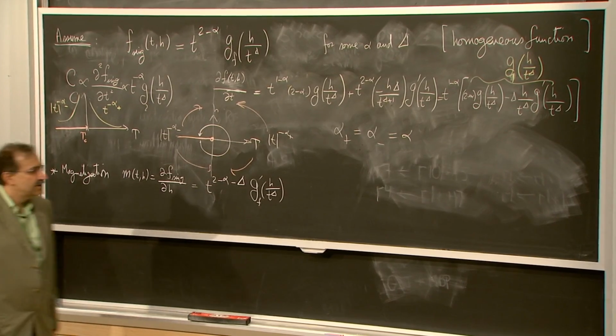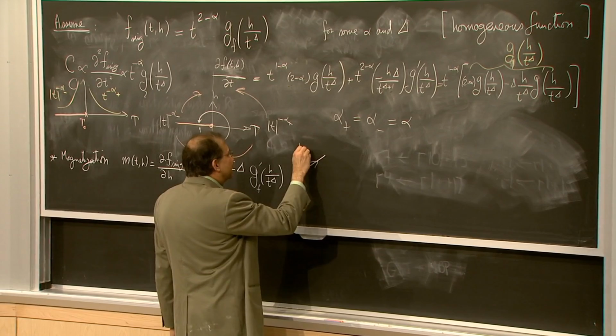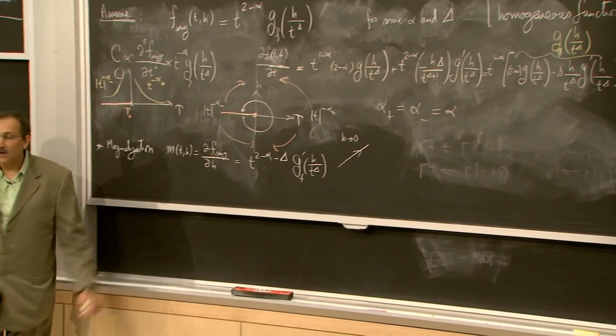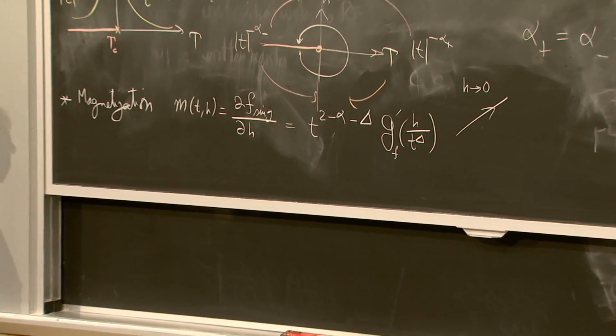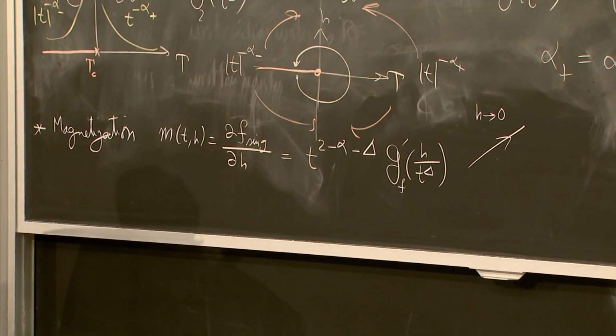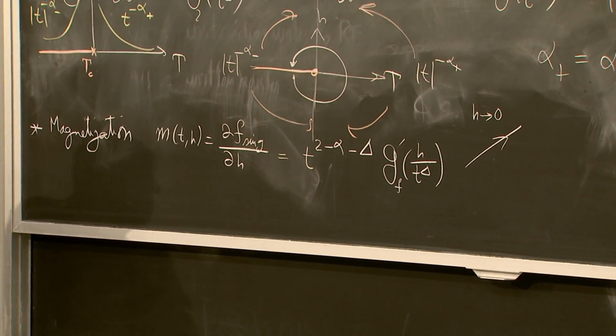So now I can look at this function in the limit where h goes to 0. I'm along the coexistence line, h equals 0. The argument of the function has gone to 0. It makes sense that the function should be constant when its argument goes to 0.